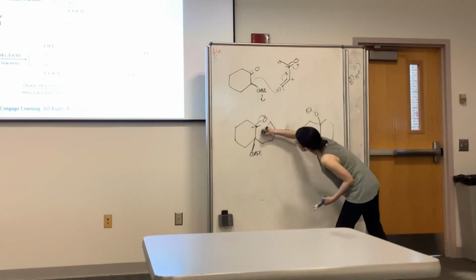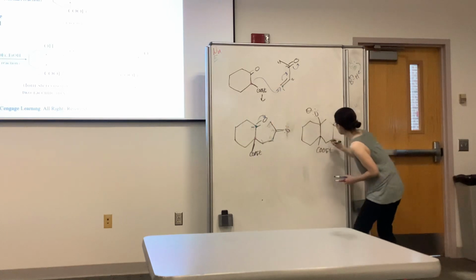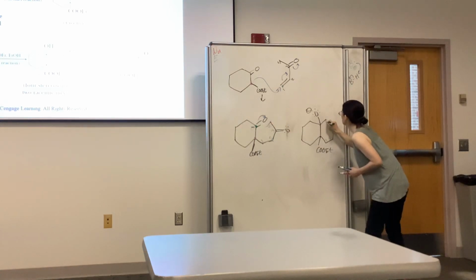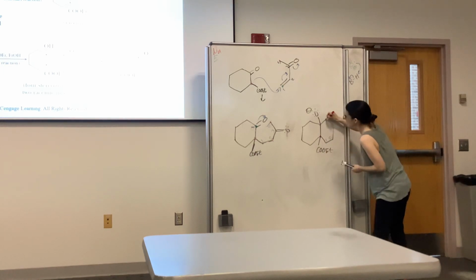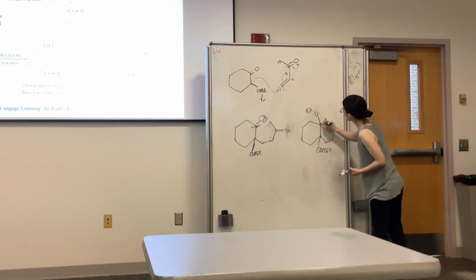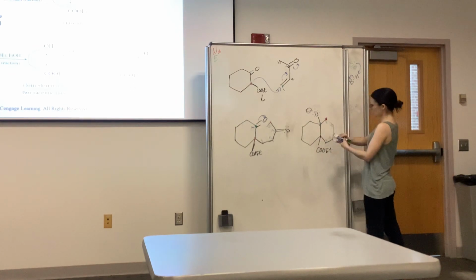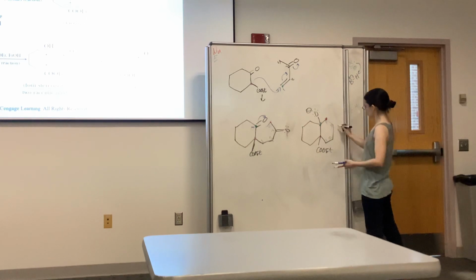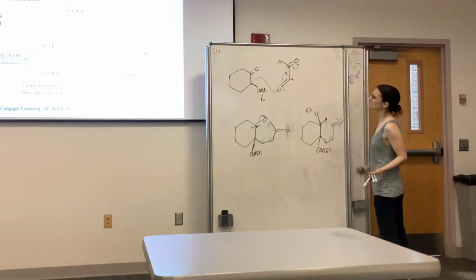Number in green, 1, 2, 3, 4. That one was initially red. This is our second red. This is our first green. This is our second green. Second one will be darker. And on the third carbon we have that. Yeah?